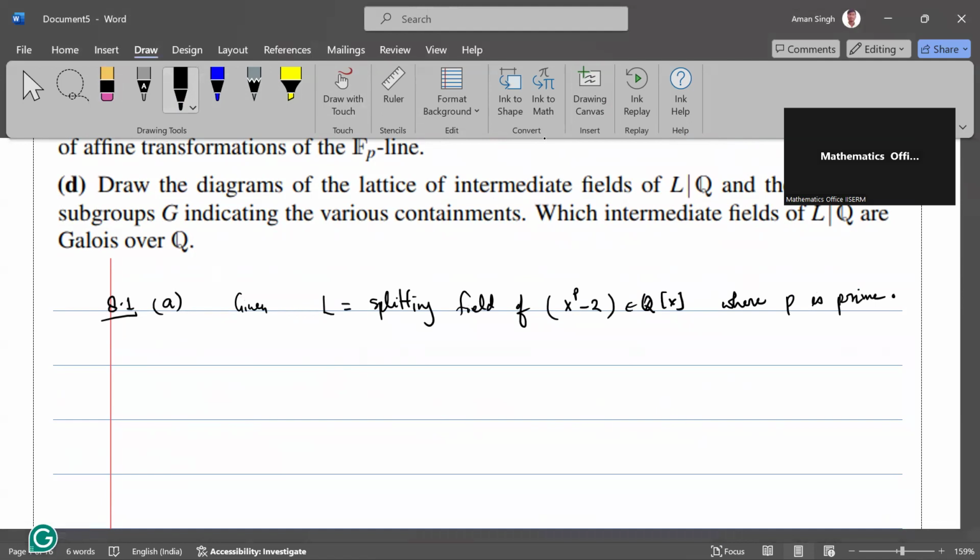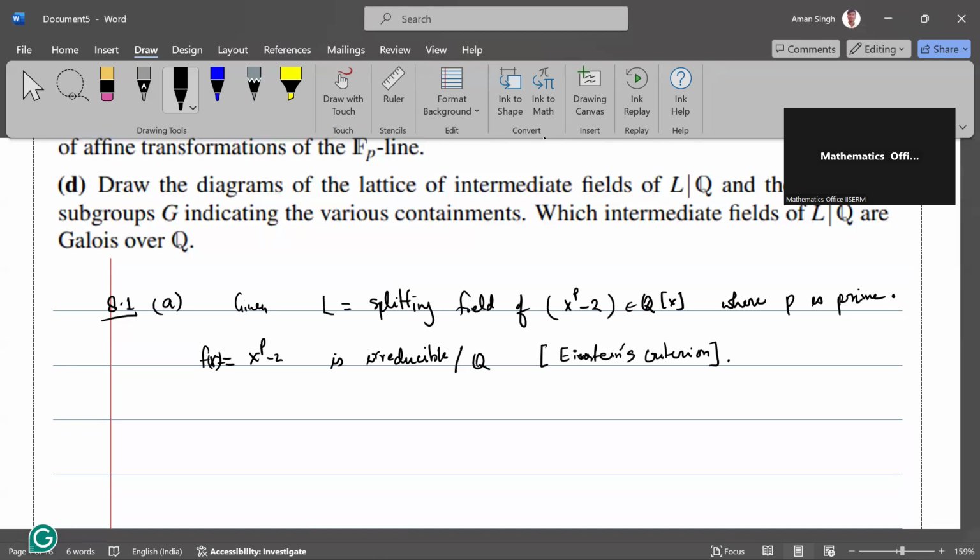L is the splitting field of this polynomial. First let's check that f is equal to x power p minus 2 is irreducible over Q. How? Because of Eisenstein's criterion for irreducibility.